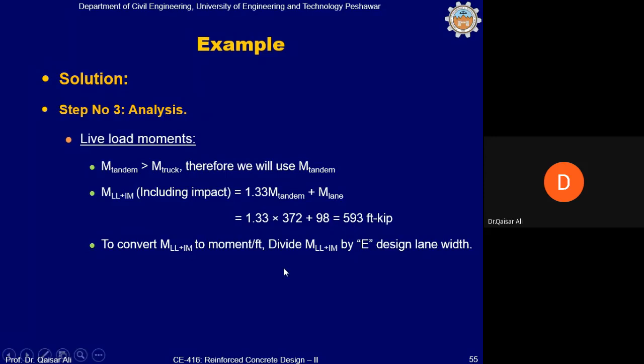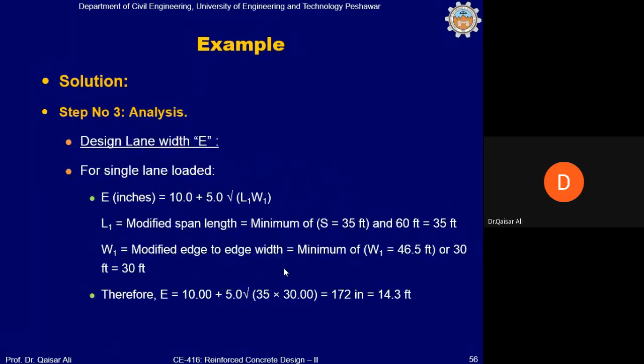This must be divided now by E to convert the bending moment of the line to two-dimensional, in order to include the two-dimensional effects. And for this, we will calculate the single lane loaded E and multi-lane loaded E. The single lane loaded E is 10 plus 5 into square root of L1 W1.